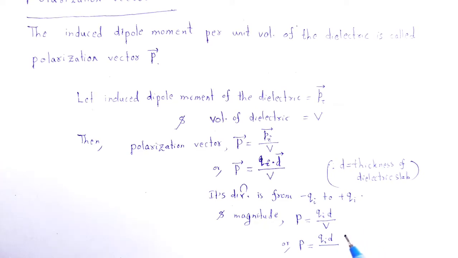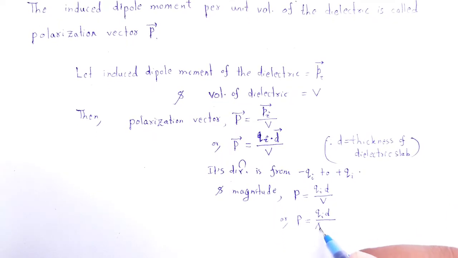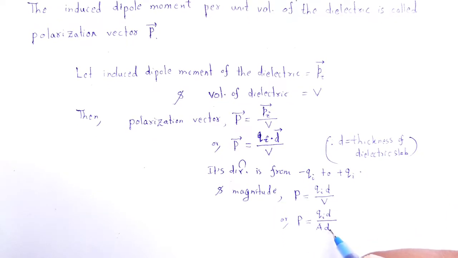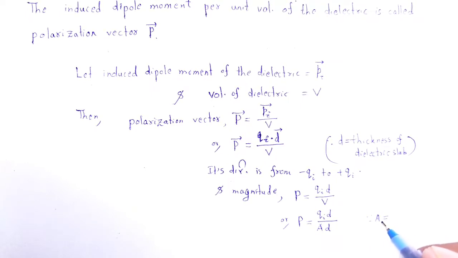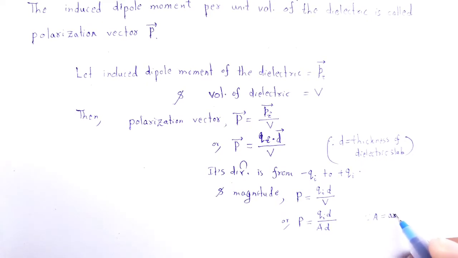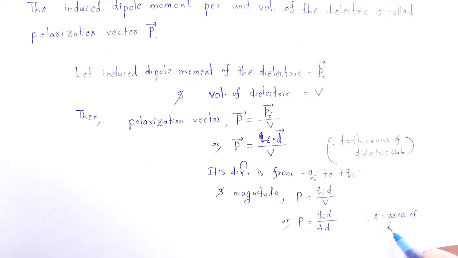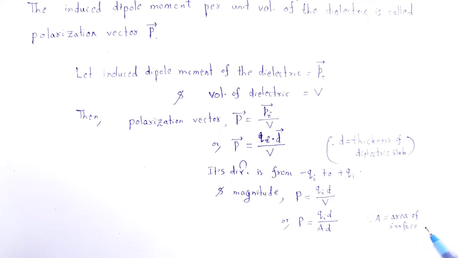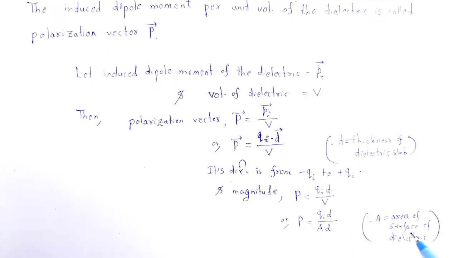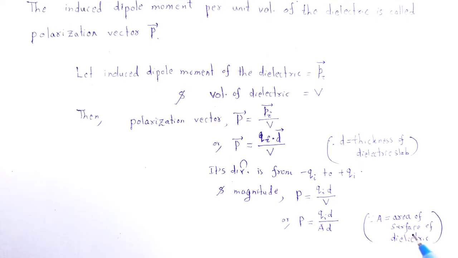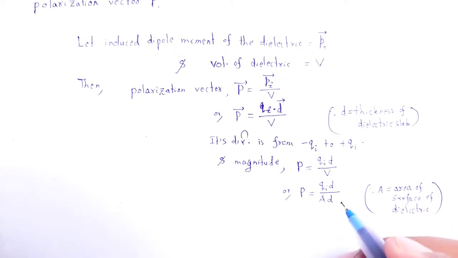Volume is nothing but area into thickness, where A is the area of the surface of the dielectric. d cancels out.